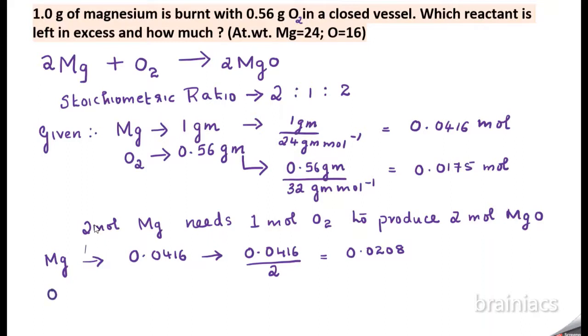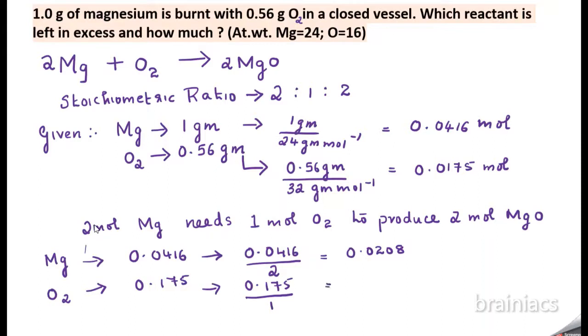Now similarly do it for oxygen. What is the number of moles? 0.0175. Take this value and divide by the stoichiometric coefficient, that is 1.